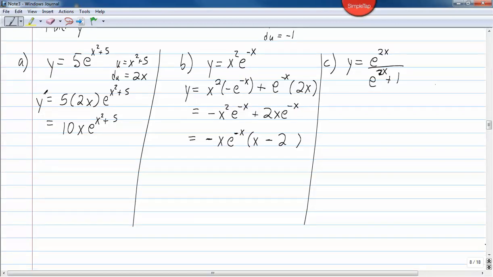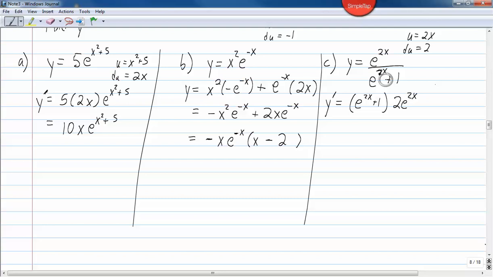Alright, so now let's find the derivative of this quotient. So the quotient rule is the bottom, or the denominator, times the derivative of the numerator, and the derivative of the numerator, if your u equals 2x, your du equals 2, and so you just say du times e to the u, so that's going to be 2e to the 2x, right?